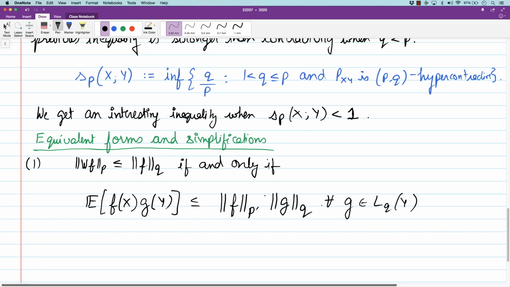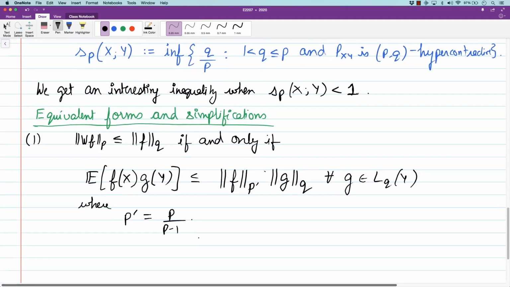This function is of y, where this P prime, by the way, is the Hölder conjugate. So 1 by P prime plus 1 by P equals 1. That's what P prime is.